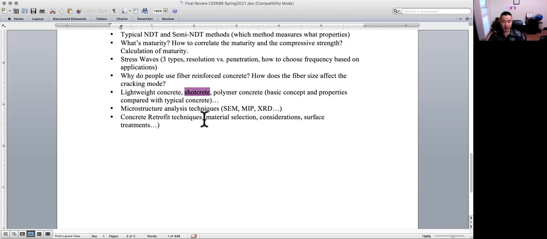What are the typical applications for shotcrete? Polymer concrete, we discussed 3 types, including polymer as the binding agent, latex modified concrete, and polymer impregnated concrete. So what are the major differences between polymer concrete and traditional concrete, and why is that the case?